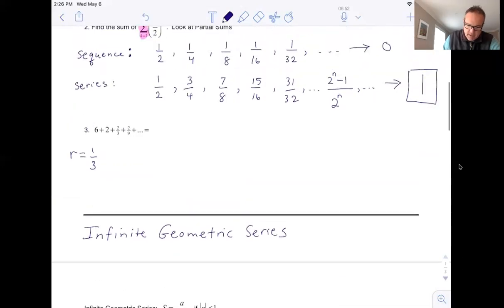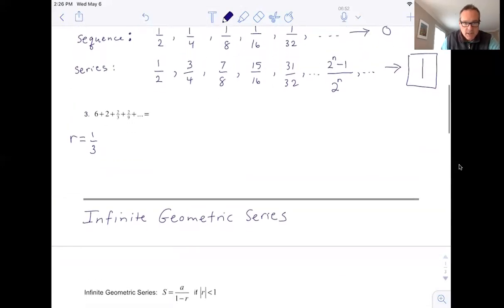If you look at this, and this time I'm just going to look at the series, because the terms are already written there. The series starts at 6. If I add 2, I get to 8. If I add 6 plus 2 plus 2/3, I get to 8 and 2/3.